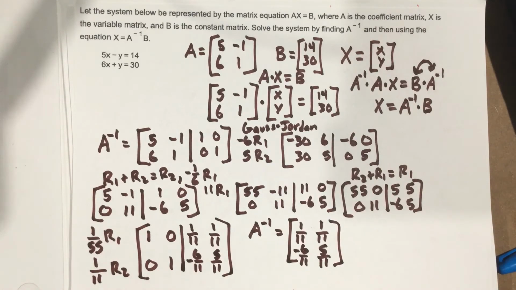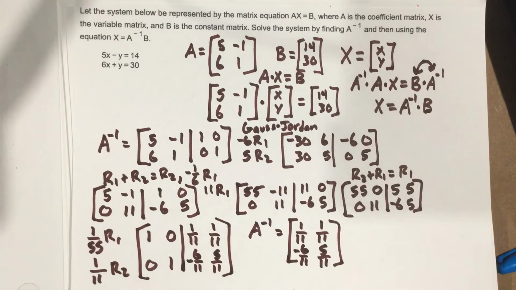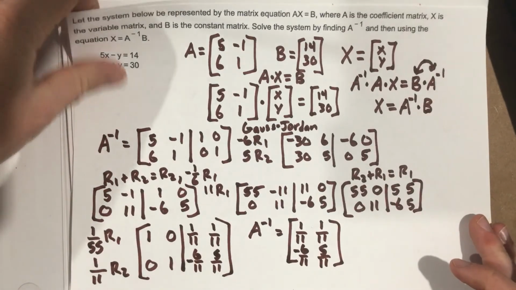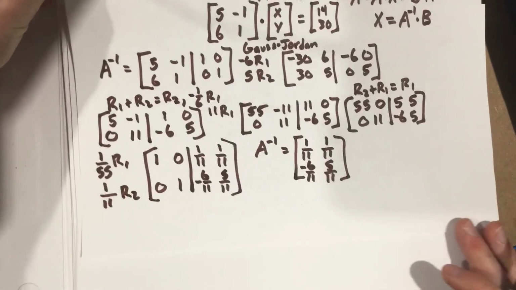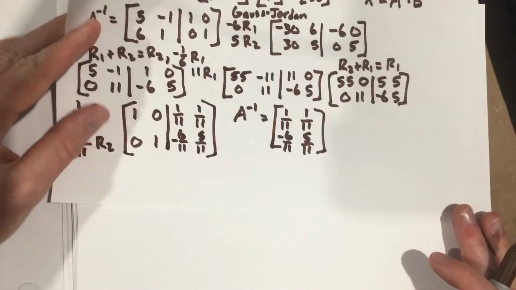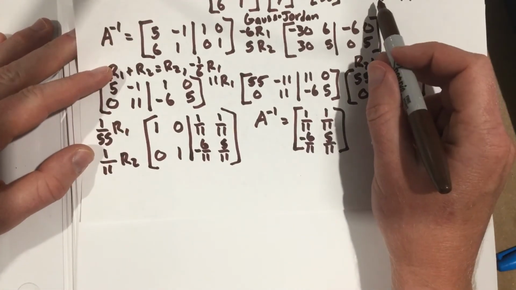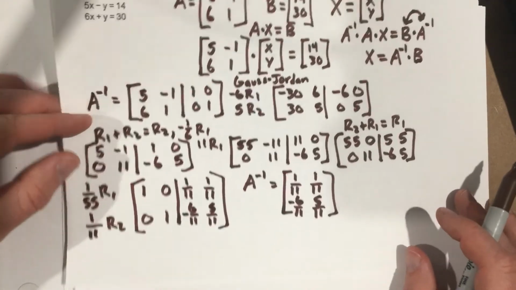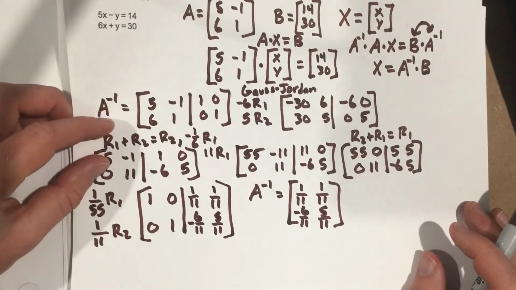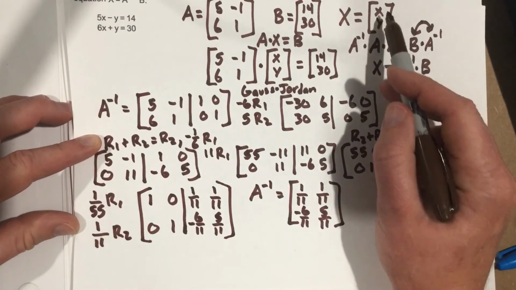All we've got to do now is set up this equation here and then do some multiplying. So the x matrix is xy.